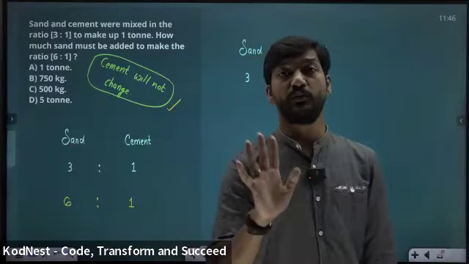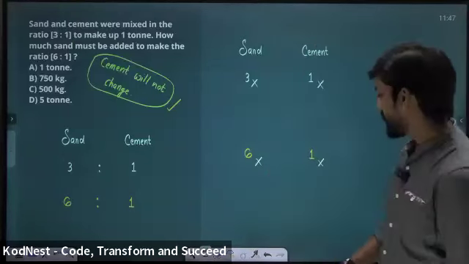Okay. So now, after this, there are two approaches. In every value, either you will multiply something, or with every value, you will take a variable 3x, 1x, 6x, 1x. So do whatever you want, but approach is nearly 99% same.